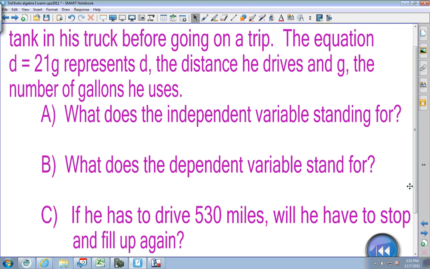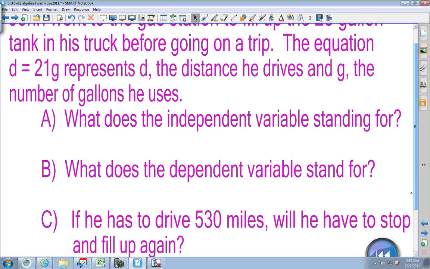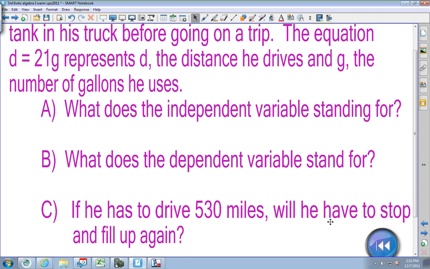Okay. It says John went to a gas station to fill up the 25-gallon tank in his truck before going on a trip. The equation D equals 21G represents D, the distance he drives, and G, the number of gallons he uses. What is the independent variable? Well, first off, you need to remember that the independent variable is your x.